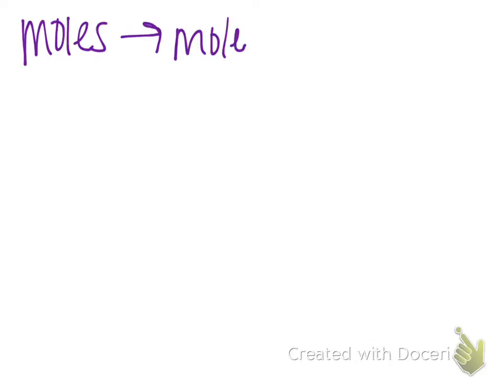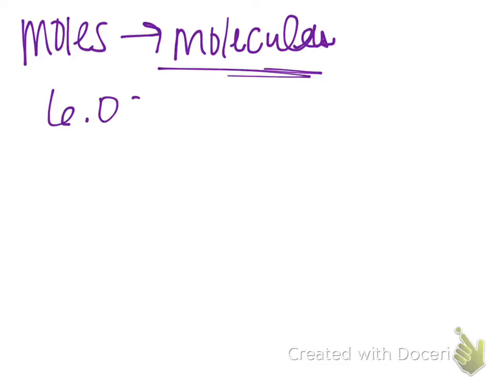Let's go now between moles and molecules. What's important here when we look at molecules? Avogadro's number. And what is Avogadro's number? Very nice. Almost in unison. I like it. Okay.